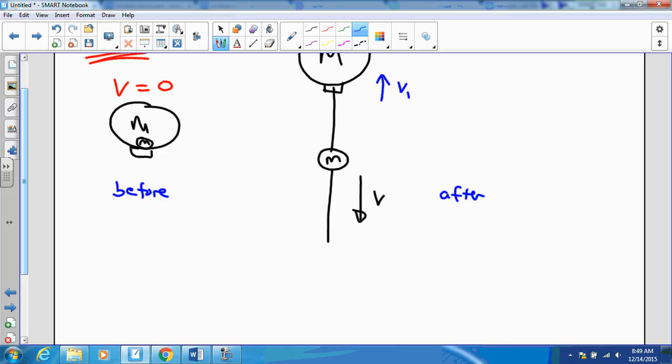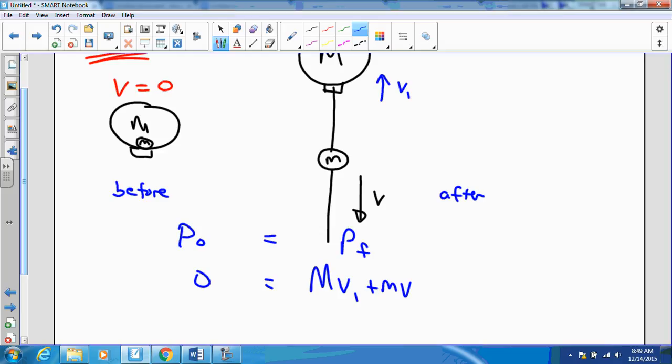So P initial equals P final. That's it. So m v_g plus M V1 equals 0. There you go.